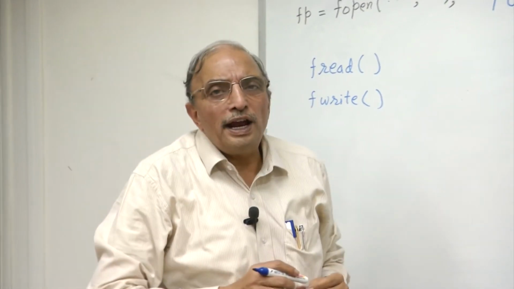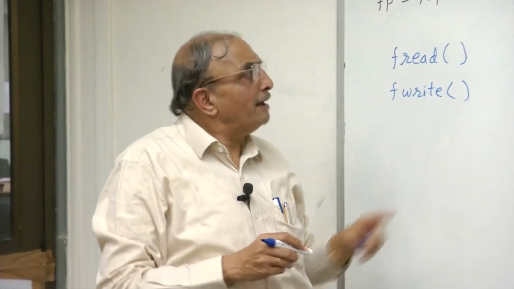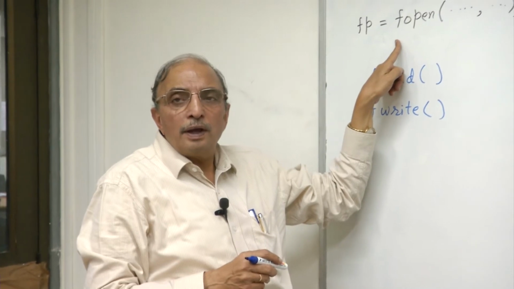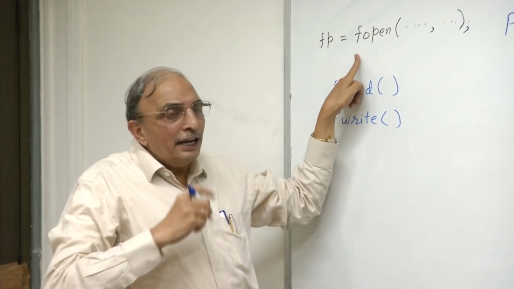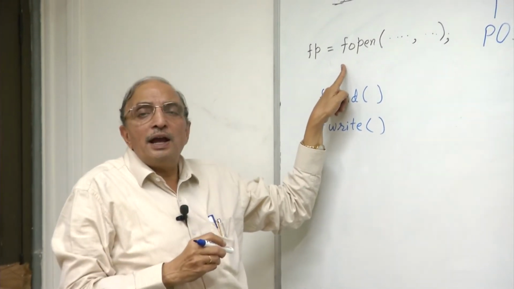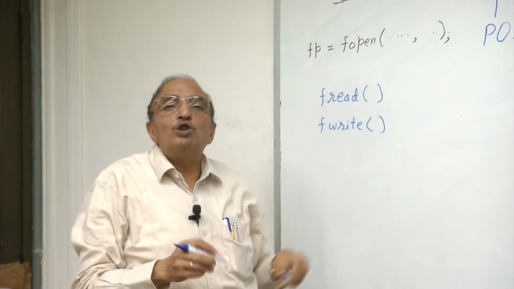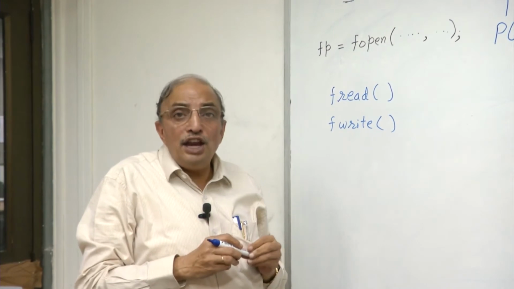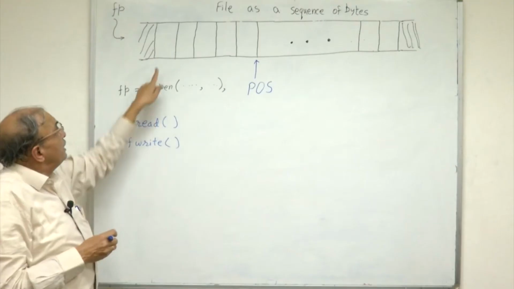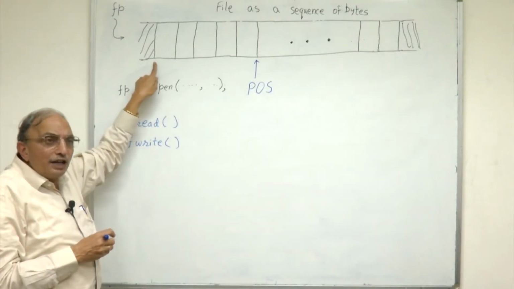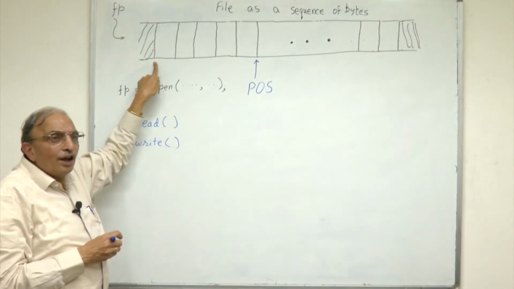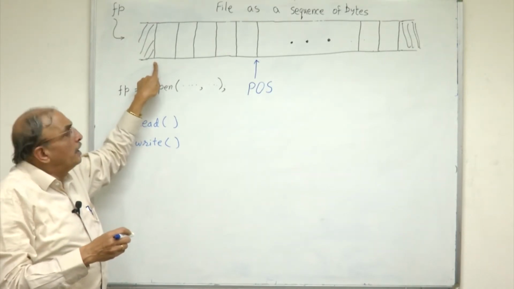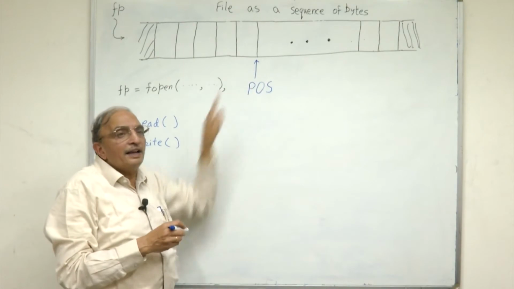So, to recapitulate, every file when it is opened, an internal file positioning pointer is automatically associated by C++ to that file. Initially, that pointer is at the beginning of the file. As we read data from that file or write data to that file, the pointer automatically advances.